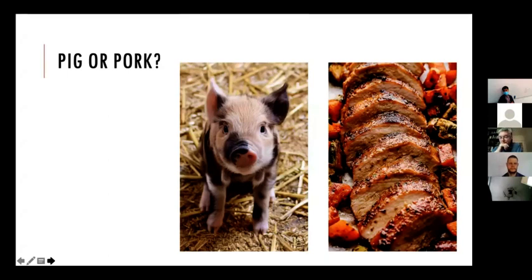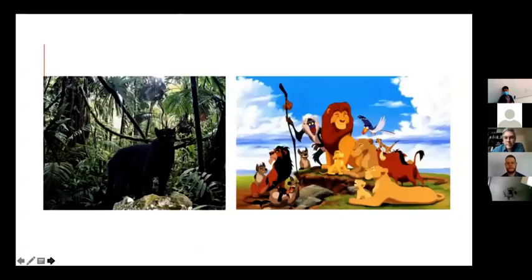And it's interesting, we even have a different word for pork, right? So the same animal, if we treat it as a person, it becomes like a pet piglet. But actually, if we treat it as an object, it turns into pork, right? So the animal can be a person or an object.